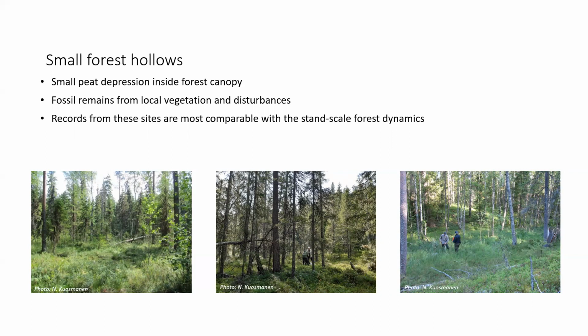So basically showing the changes in the vegetation within a few hundred meters of the site. And these have lately been more common as the results from these local studies can be more comparable with modern stand scale changes or studies in forest dynamics. So this has been one development in the analysis as well.